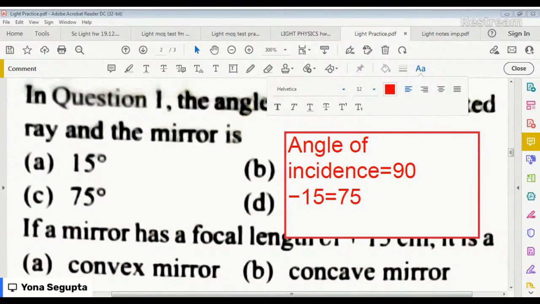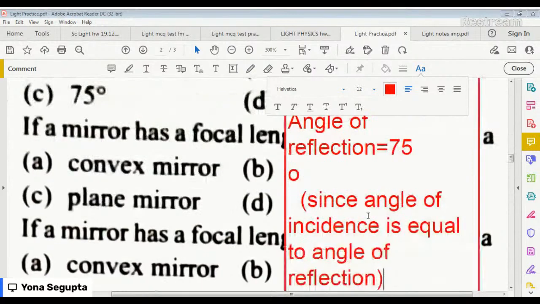So therefore we can conclude that the angle of reflection is 75, since the angle of incidence is equal to the angle of reflection. So 75 plus 75 is 150. So what is the answer here? Here the answer is also 150.